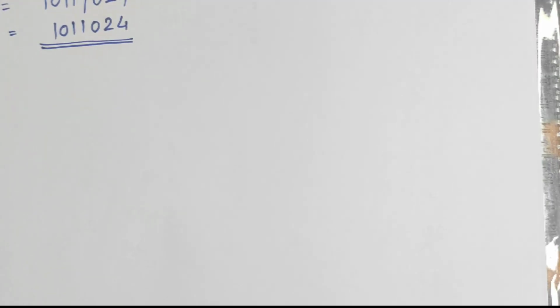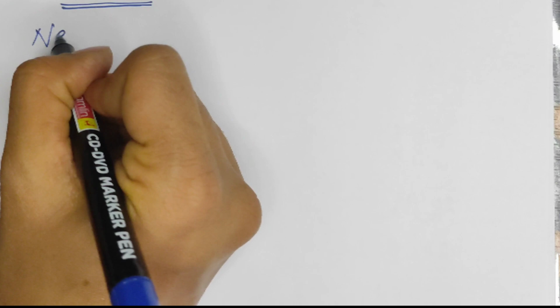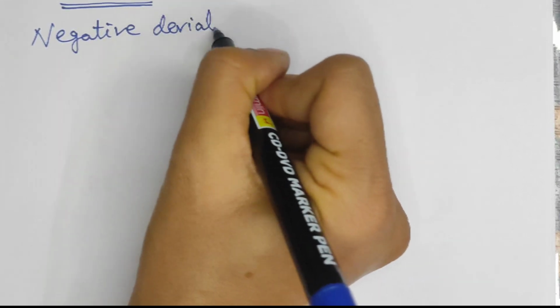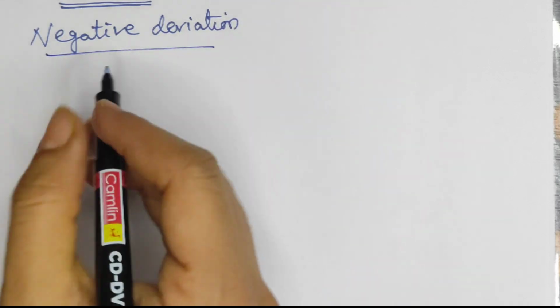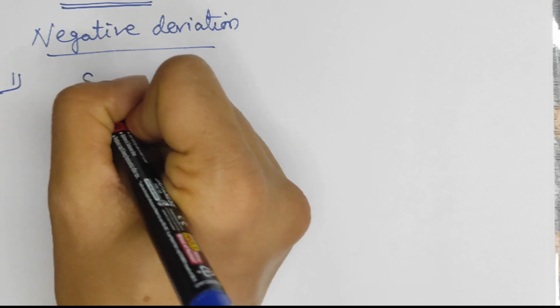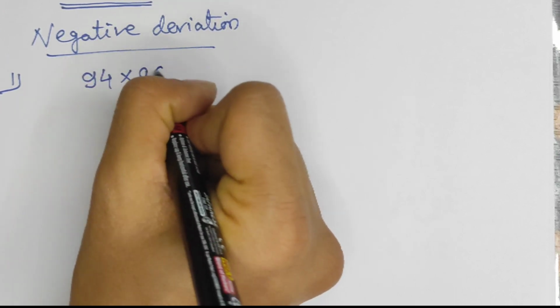We did multiplication of numbers where the deviation is positive, and now we do the multiplication of numbers where the deviation is negative. We take the example 94 multiply 96.